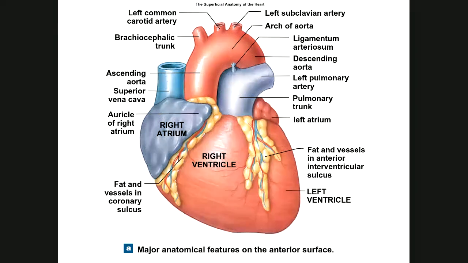And we have also the interventricular sulcus that is very rich in fat. The yellow things is fat. The grooves are rich in vessels too.